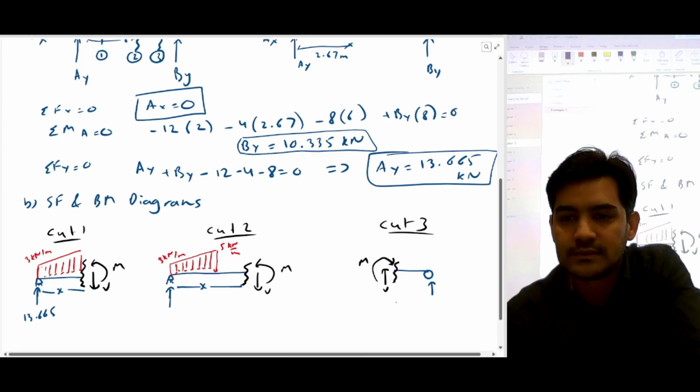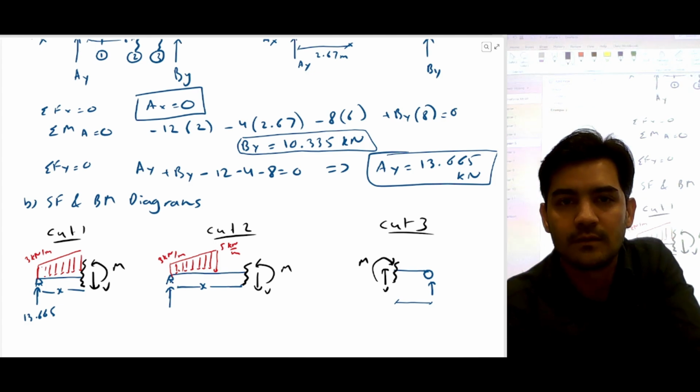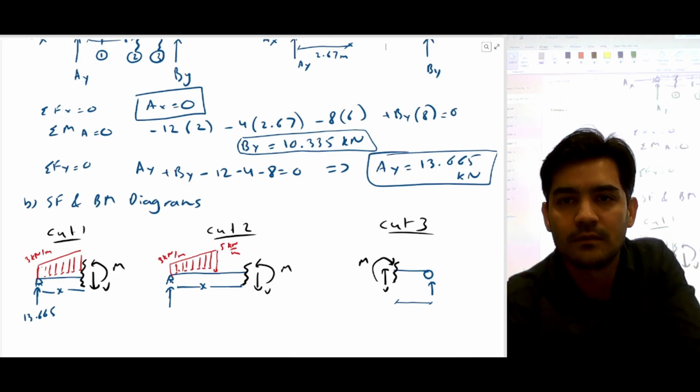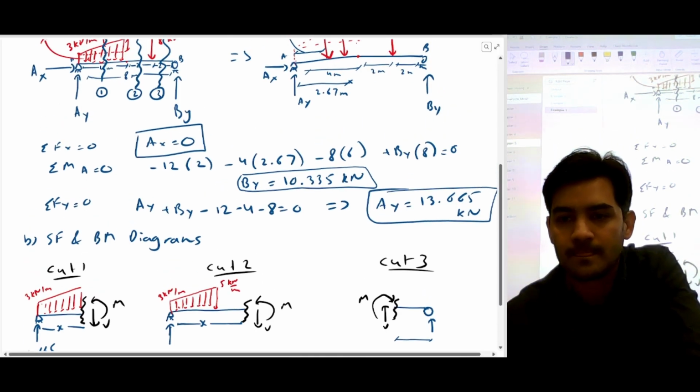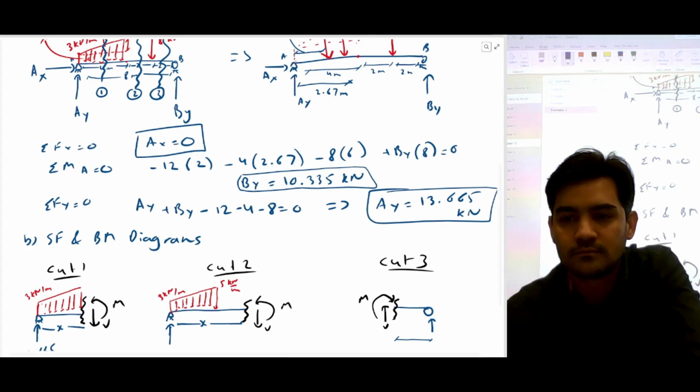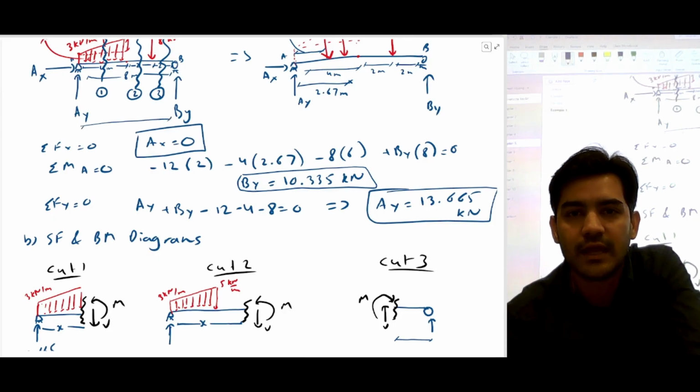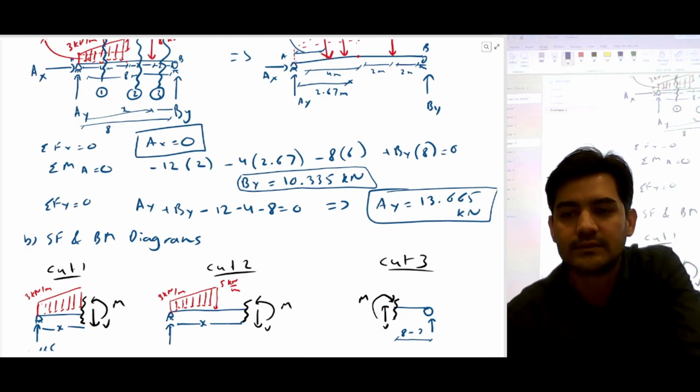And this distance would be, this entire distance is 8. If we assume this as x, this is gonna be 8 minus x.